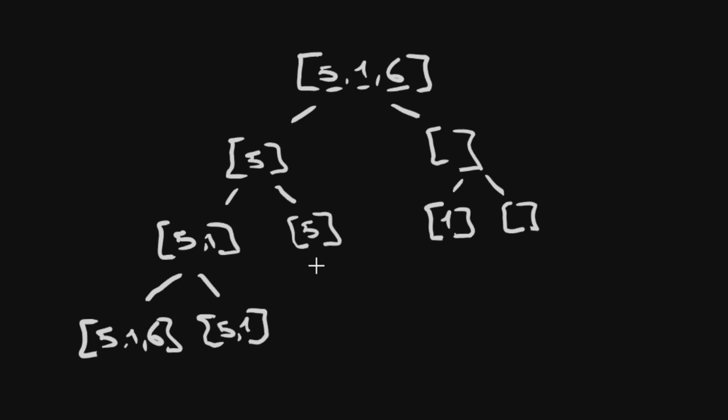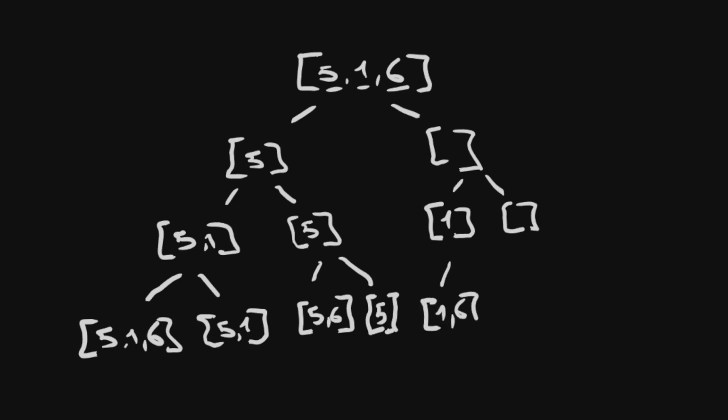Here also we can take the 6, so we'll get 5 and 6, or we don't take the 6, so we'll get an array with 5. Here we can take the 6 and we'll get 1 and 6, or we don't take the 6 and we get our array with 1. Here we get our array with 6, or finally our empty array.